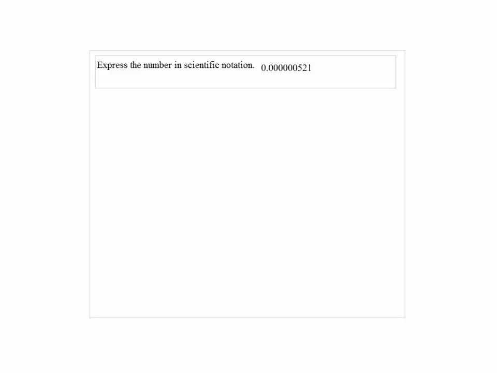Express the number in scientific notation. The format of scientific notation is where we have a number, the digit before the decimal point is only one digit, and we can have as many numbers after the decimal point, times 10 to the power of some number.